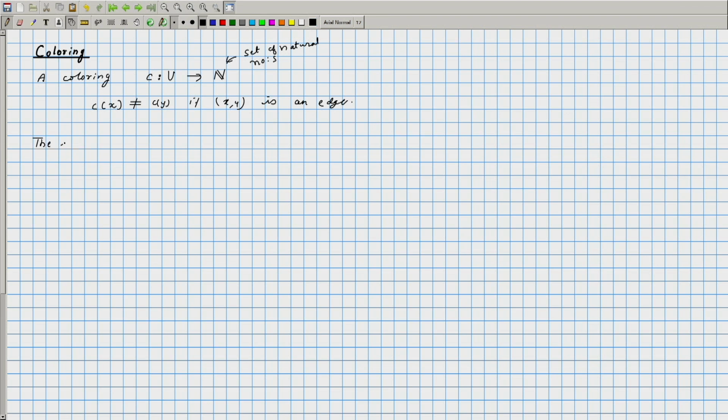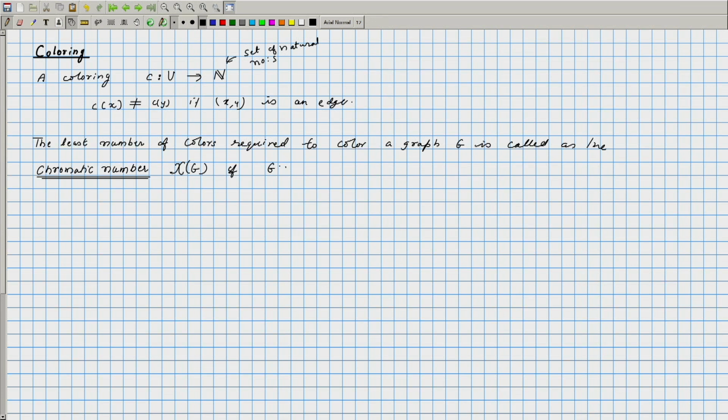The least number of colors required to color a graph G is called the chromatic number of the graph, and this is denoted by chi G. So, what we are interested in is, given a graph, how do we determine its chromatic number?